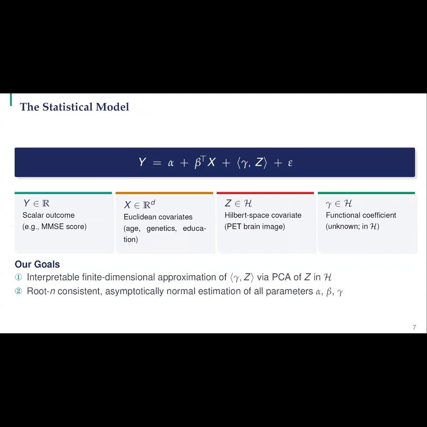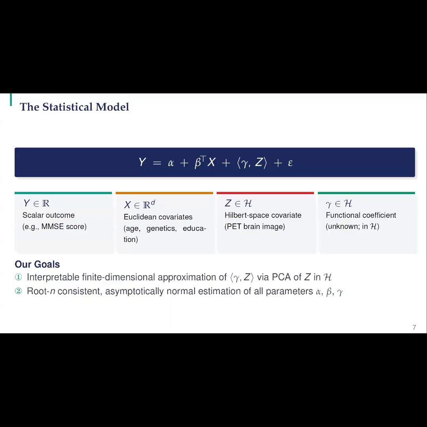So one model we could look at is a very simple linear model where we have an intercept term, some tabular data x of some dimension d, and a Hilbert space valued covariate random variable z, and we have an unknown inner product gamma, and then some residual error. For now, we're going to just use scalar outcomes.